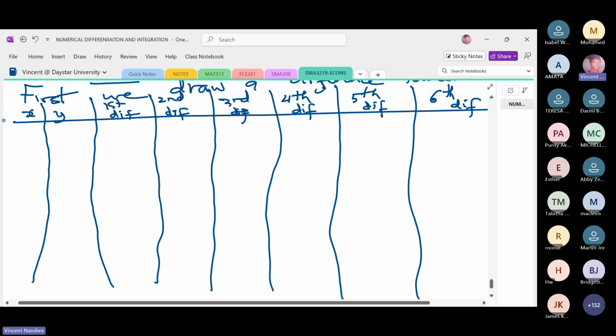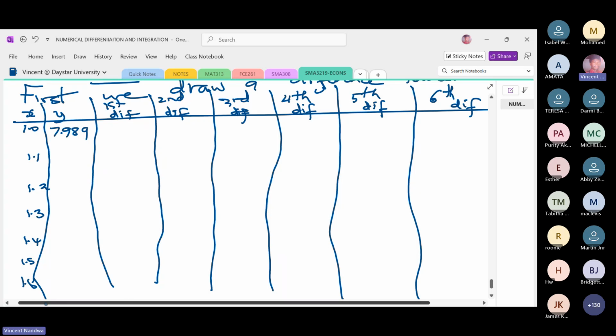So the first value of x is 1.0, with 7.989. Then you skip a line, you go to 1.1, then 1.2, 1.3, 1.4, 1.5, then 1.6.